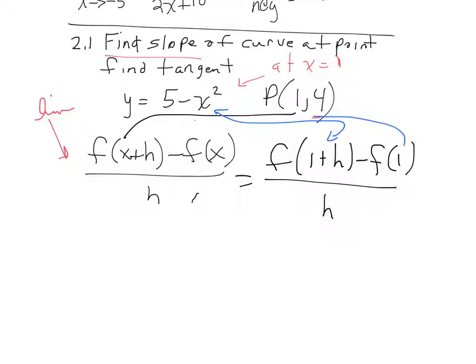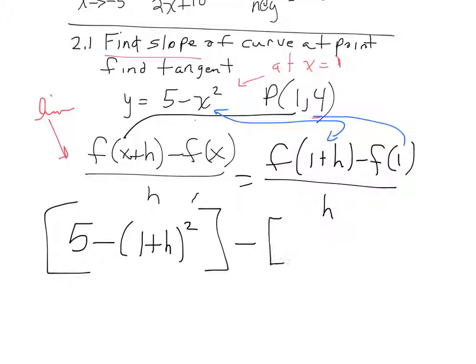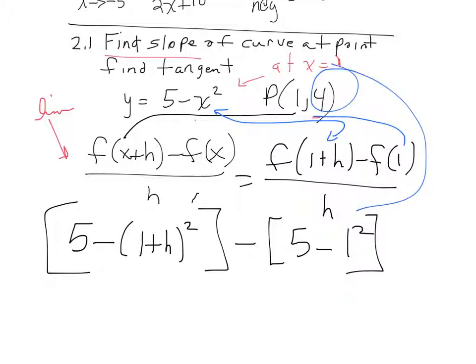So my function is 5 minus x squared, which is 5 minus 1 plus h squared, minus 5 minus 1 squared, or if you're paying attention, that's just that value. Okay, so you're already given that, all over h.